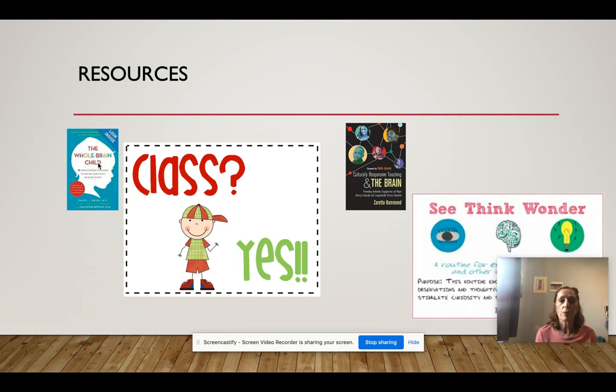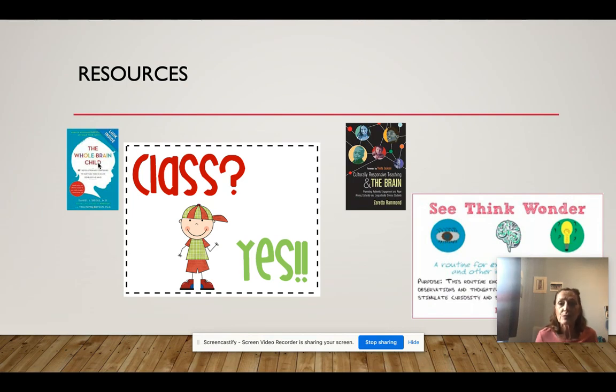This is just a little poster around the class, and this is from this book, Whole Brain Teaching for Challenging Kids. It's written by Chris Biffle. And this is where we say, class, that call and response. They say, yes. And you say, class, yes. That really helps. That's that grabber, helps them be engaged.